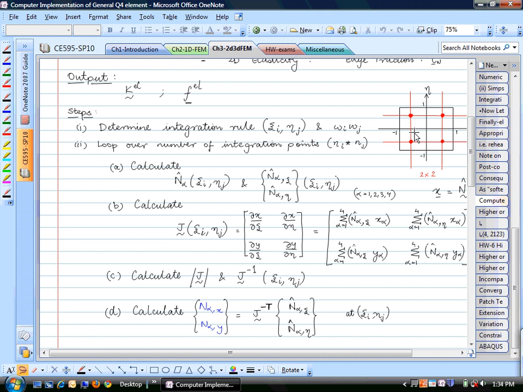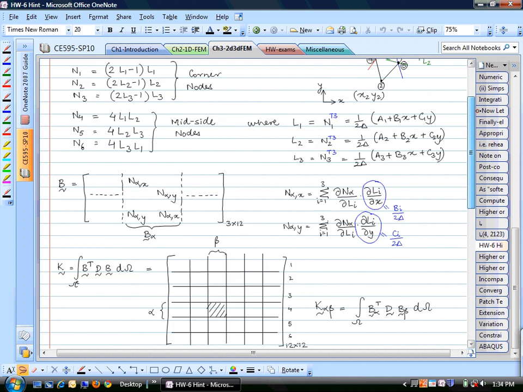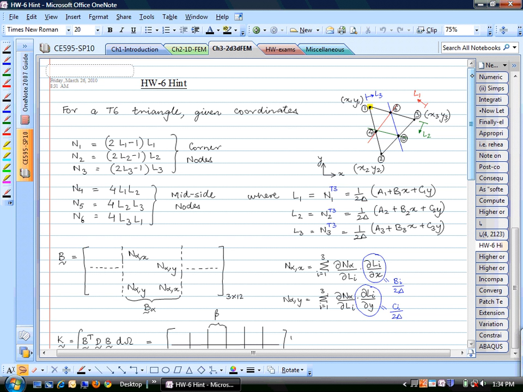So are there any questions from any of the homework problems? Okay. So let me talk about this hint for problem 2, especially for triangular elements in general. So we've been using these area coordinates, and for T6, it doesn't matter what shape the actual element is.